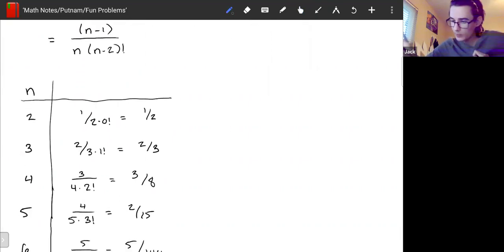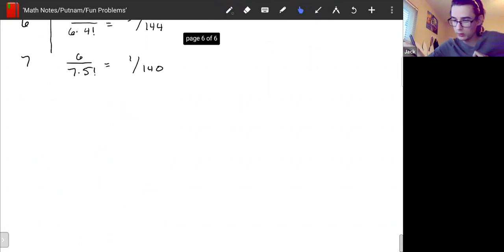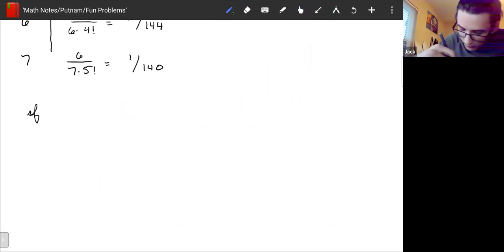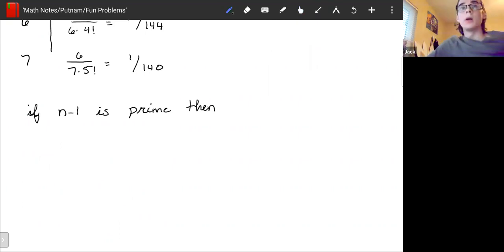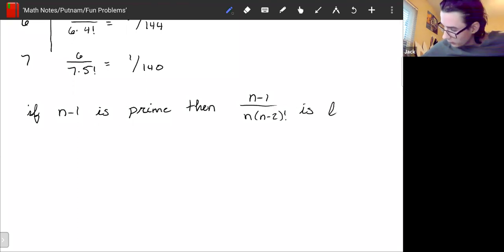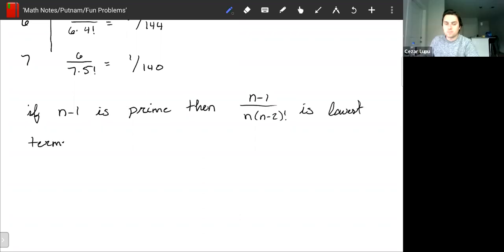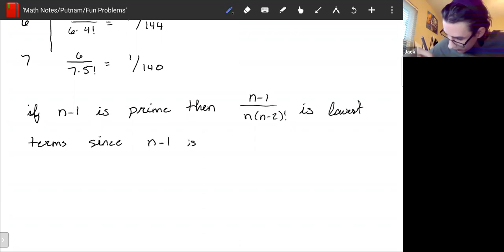So if n minus 1 is prime, then we have that n minus 1 over n times n minus 2 factorial is in lowest terms, since n minus 1 is prime.